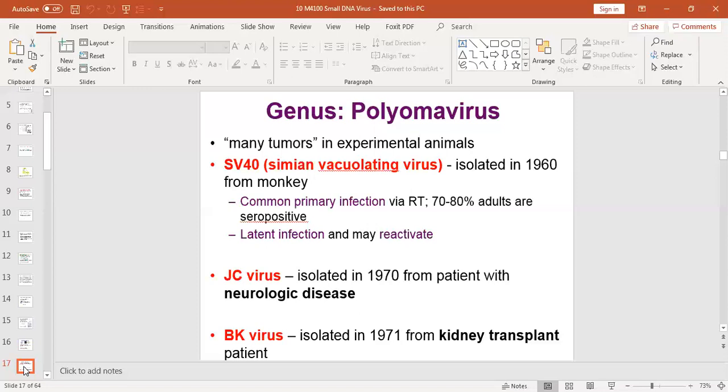B cells have undergone clonal expansion and differentiation and maturation to plasma cells, and they have secreted antibodies, long-lasting antibodies that remain in the serum. So if we take the serum and test it, it would be positive for SV40. SV40 is an example of a virus that causes latent infection and may become reactivated.